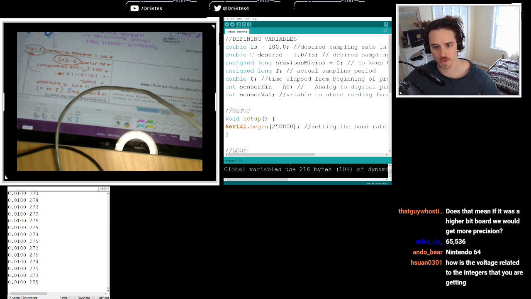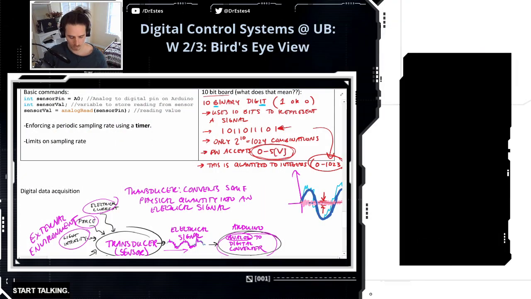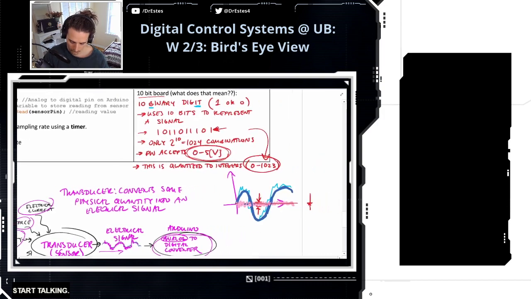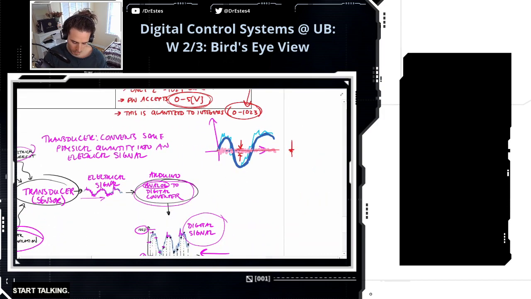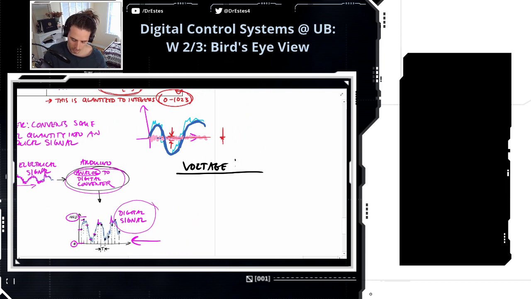How is the voltage related to the integers that you're getting? Oh, great question. Let's draw that right here. Actually, I'm going to do this in a table. We'll do voltage, and then we'll do the integer over here.